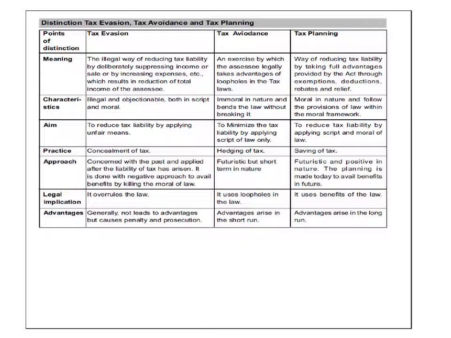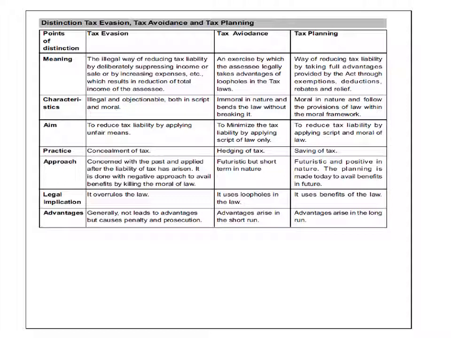The aim of tax evasion is to reduce the tax liability by applying unfair means. For tax avoidance, it is to minimize the tax liability by applying the script of law only, that is, the loopholes of law. For tax planning, the aim is to reduce tax liability by applying the law morally.